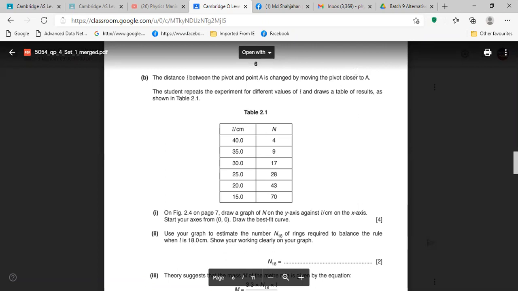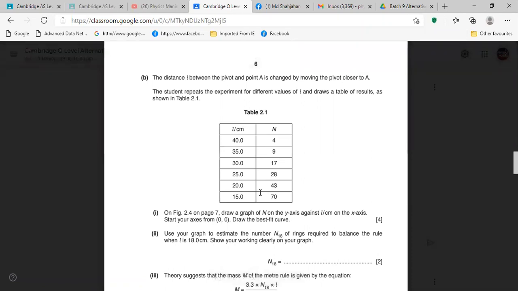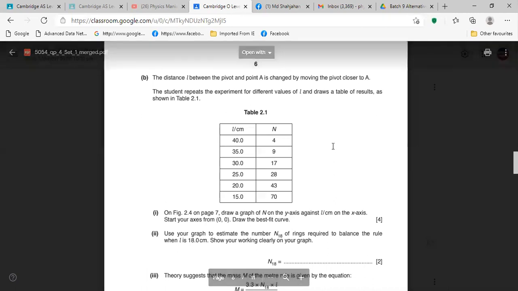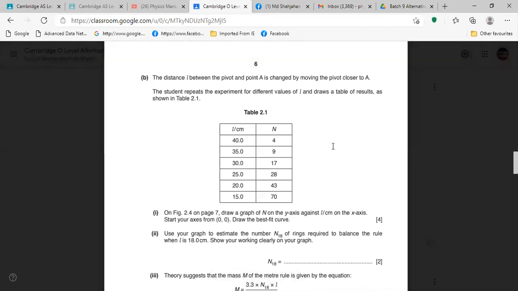So we have a table here. We have L and N, right? N means Newton, or I don't know, sir. We use, okay, sir, number. What number? Number of rings.